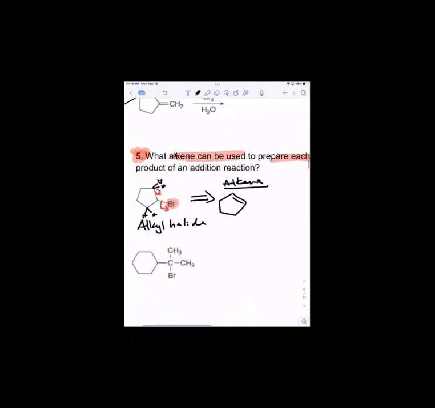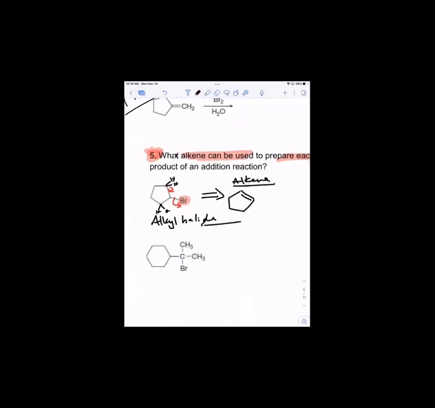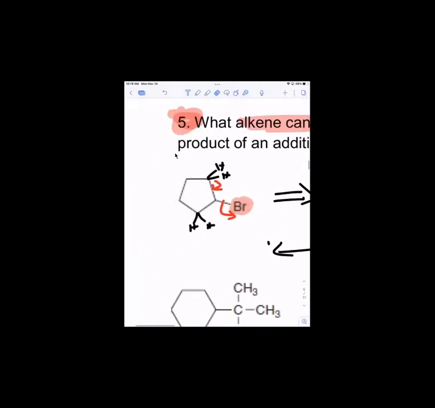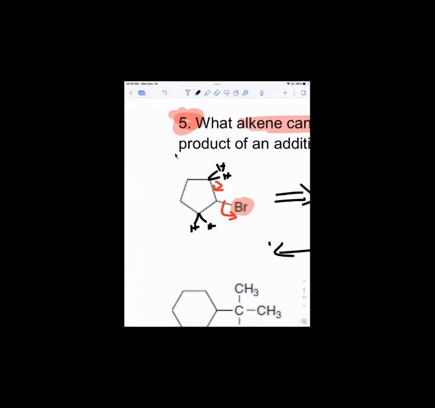And then vice versa, if I want to go back, I just add HBr to the alkene. It'll get me back to the product. So let me clean this up. All right. Questions about that?